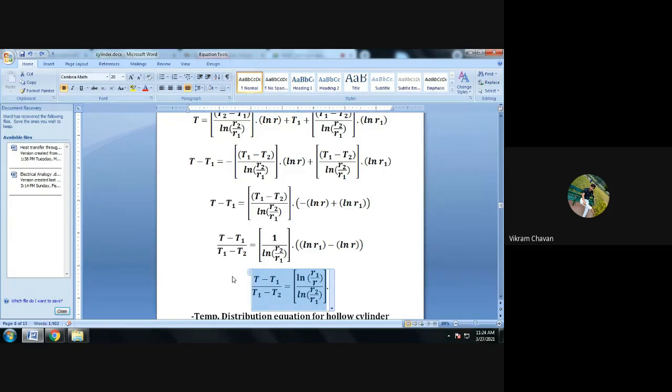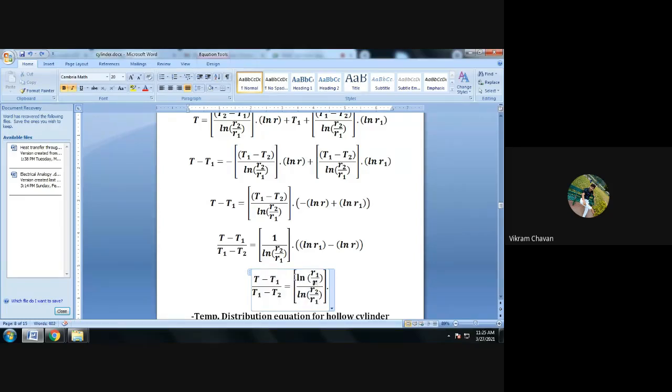Consider that the internal radius is 10 centimeter, the external radius is 20 centimeter, and you want to find the temperature at 12 centimeter radius, or at 15 centimeter radius, or at 19 centimeter radius. It will be easy using this equation.